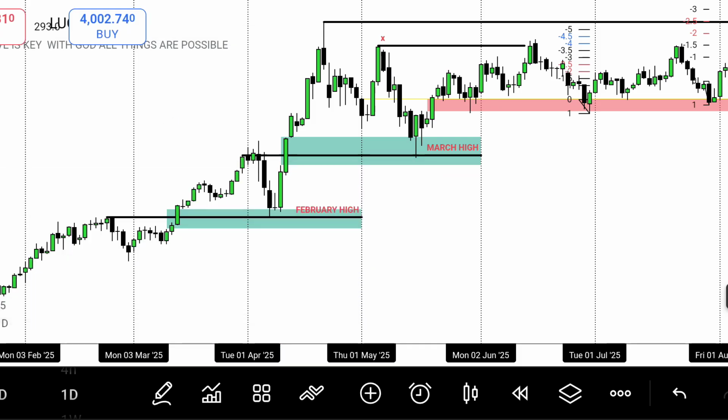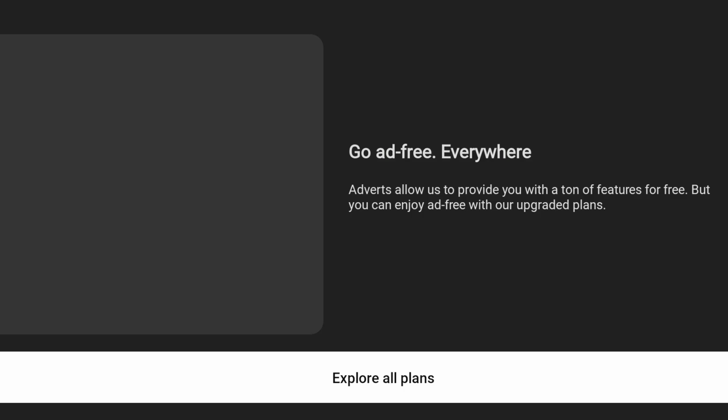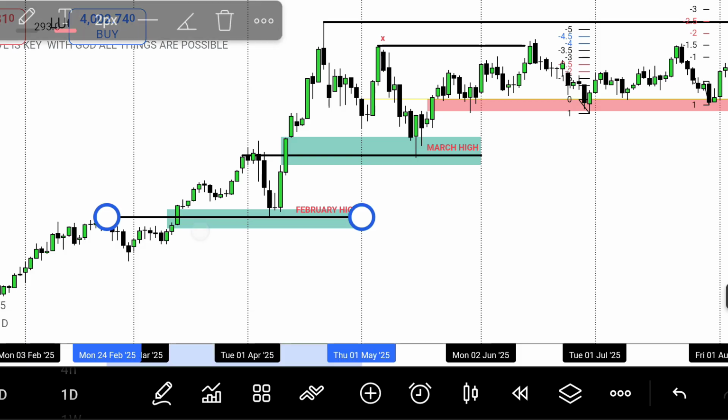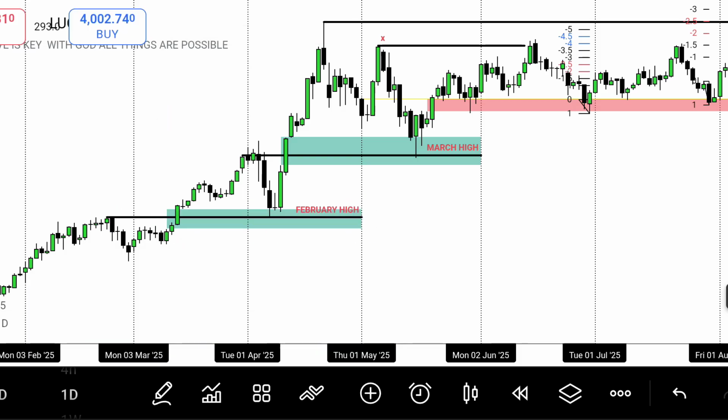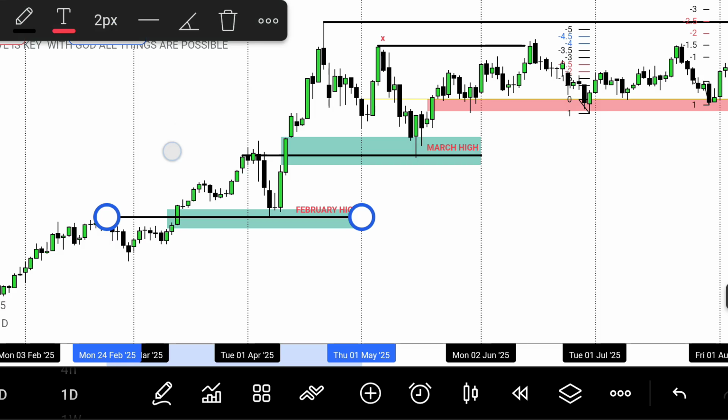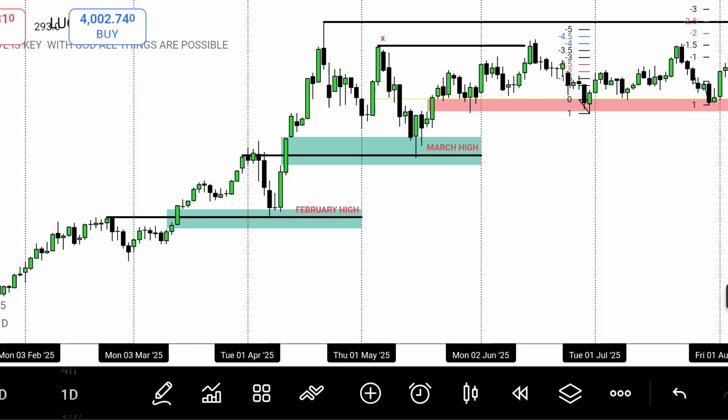What made the displacement significant was that we created a fair value gap, which I've annotated in green, above the February high. Once I see this displacement, what am I thinking to myself? I'm thinking that since the February high is broken, price will keep running higher. Yes, price will continue to run and create higher highs until we hit a certain price level.